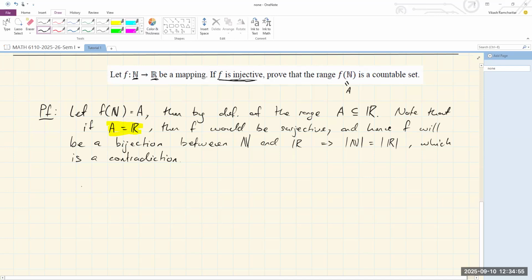So we could define a new function. I'm going to call it g now. And this function g is going to be very similar to f. So this function g, like f, is going from the set of natural numbers.